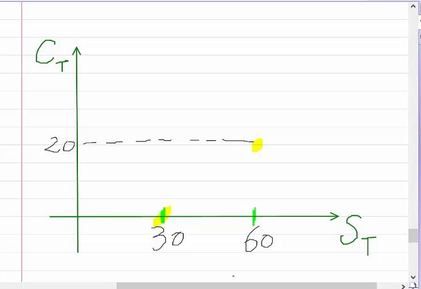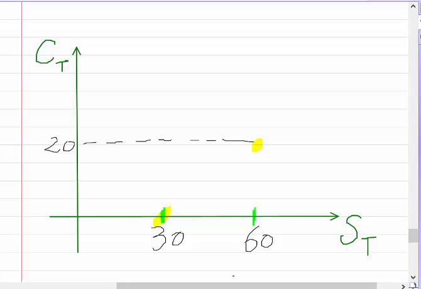And then 2 points, the yellow dots, for the call option payoff, 0 or 20. Those are the only 2 things we have. 60 or 30 for underlying price at the expiration, 0 or 20 for the call payoff. And they are linked.